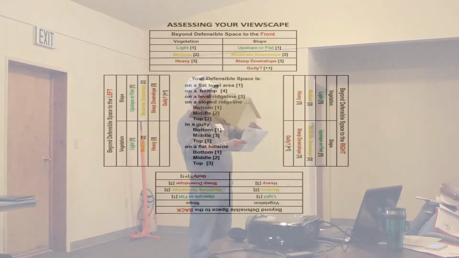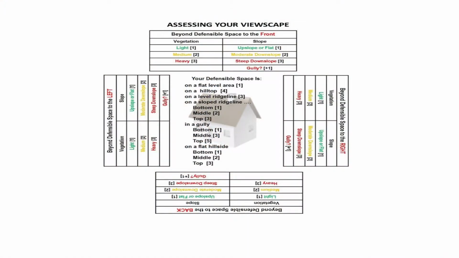There are two columns, vegetation and slope, with numbers next to characteristics. Light vegetation is 1, down to heavy vegetation, which is 3. Next to it is slope. If you're on a flat slope, the score is 1. If you're on a steep downslope, the score is 3.